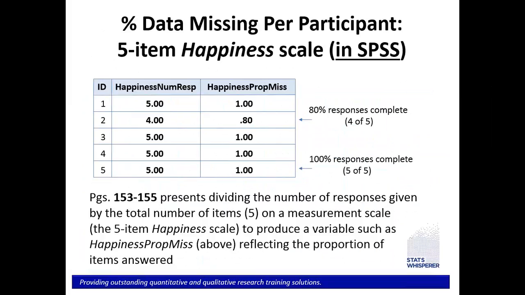So when we do that function, the new variable happiness prop miss is created. That's 0.80, which is 80%. So that variable is indicating that ID 2 provided 80% valid responses for the 5-item happiness scale. And the other participants have a 1.0, which is 100%, indicating they provided 100% of responses on the 5-item happiness scale.